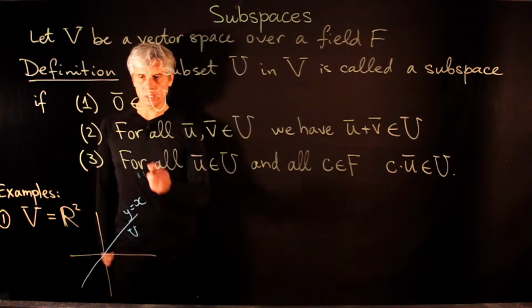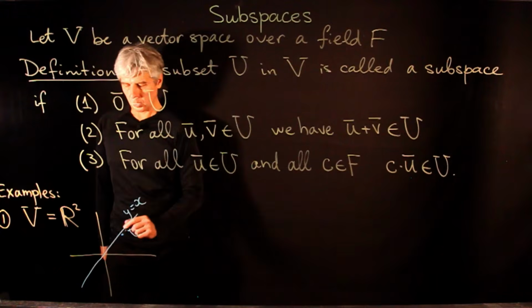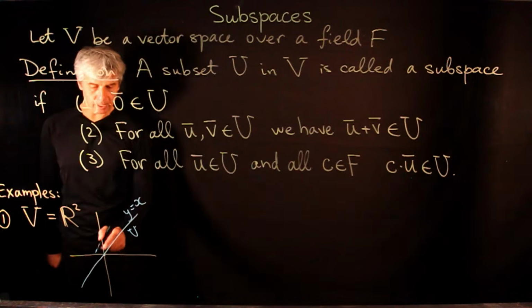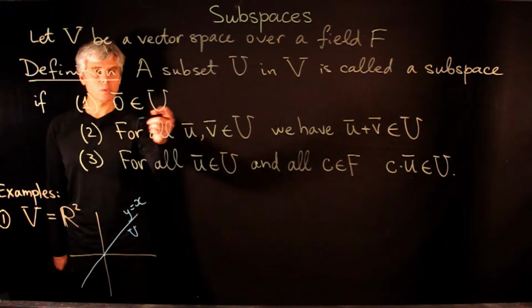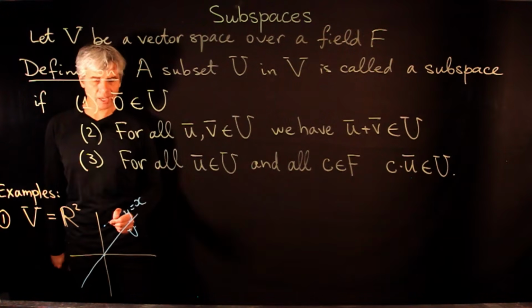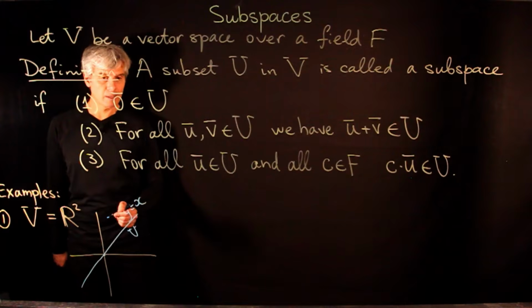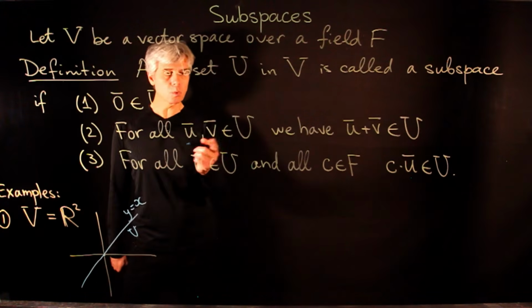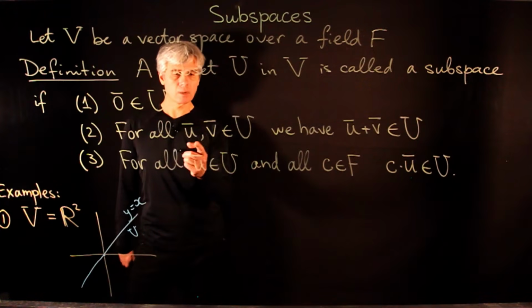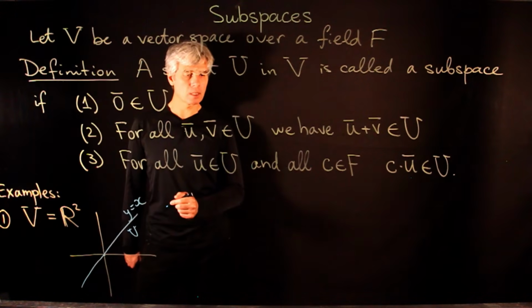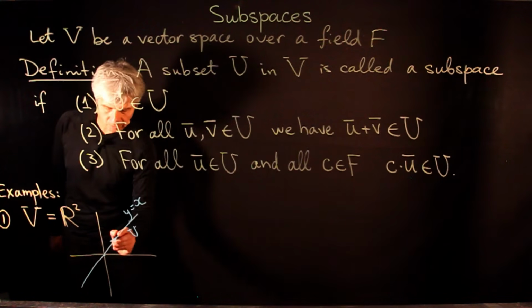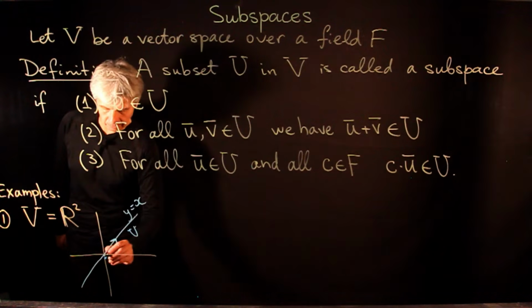So let's check this. Zero vector: the zero vector is the vector that connects the origin with itself. So clearly it's on this line, so property 1 holds. So the zero vector is in this subset. Then property 2 says that if we take two vectors in this subset, this means that we take two vectors on this line.